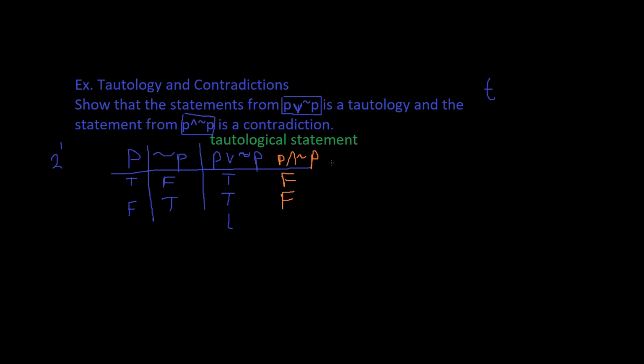And so what does that give us? It gives us a contradictory statement, and we're going to have this symbol that stands for C. That's what this means.